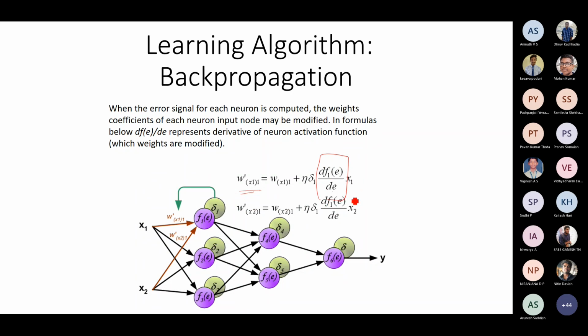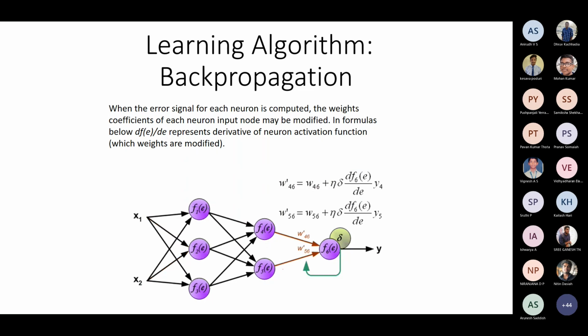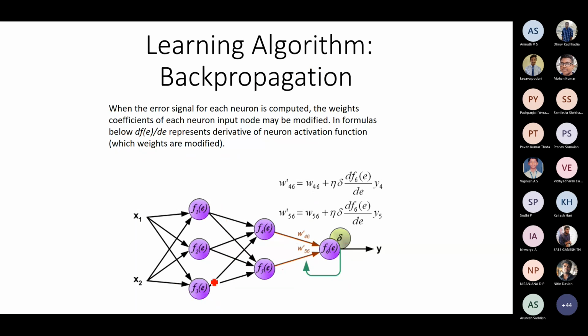So this is how you get modified accordingly. This is your learning rate. This delta 2 is the error that is observed in the first model, and then you apply that back. So once that is done, you can also apply the same thing with respect to W46, W56. You can also apply this for the other models also.